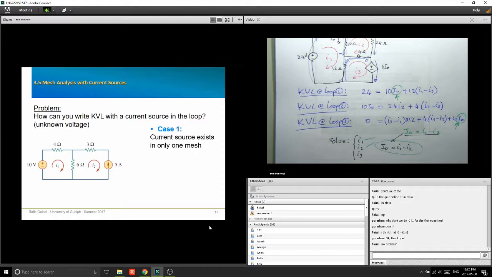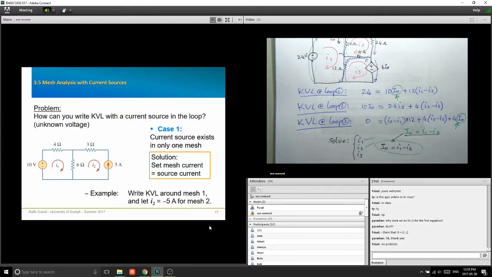The other equation is going to be I2 equals minus 5. And there you go. Set the mesh current equal to the source current. Obviously, you have to take the direction of flow of current into account, so you may have a sign. So you write KVL around mesh 1, and then you let I2 equal negative 5 for mesh 2, and you're done.